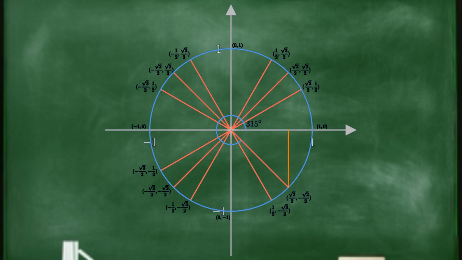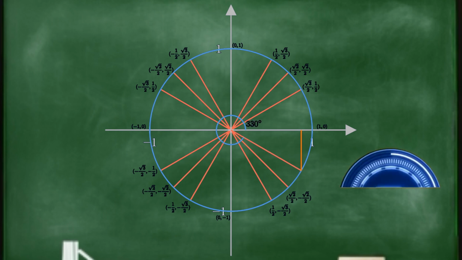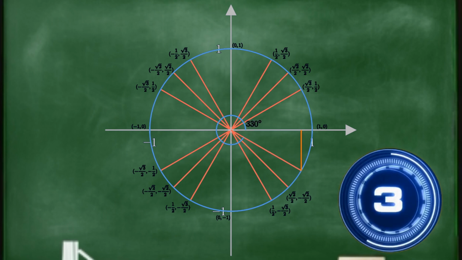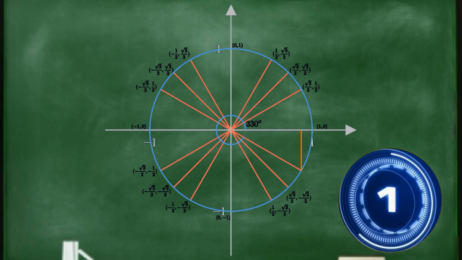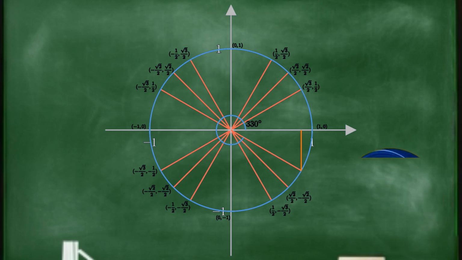We're almost done. Next. Perfect. We have negative square root of 3 over 2 and negative 1/2. And at full rotation, we go back to 1, 0. Do you see the pattern now? Great!